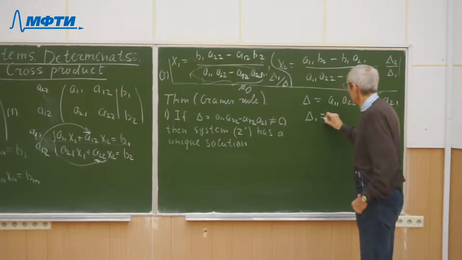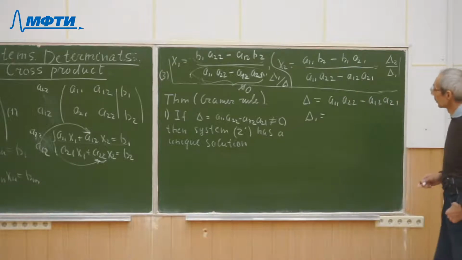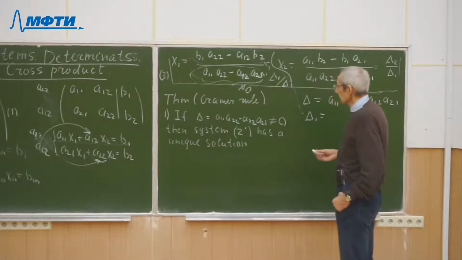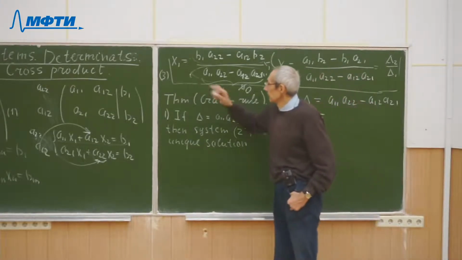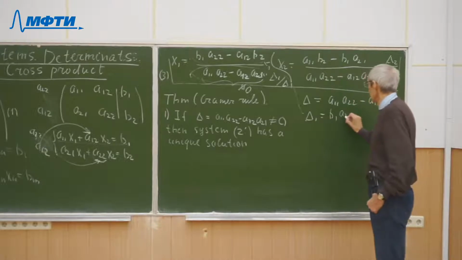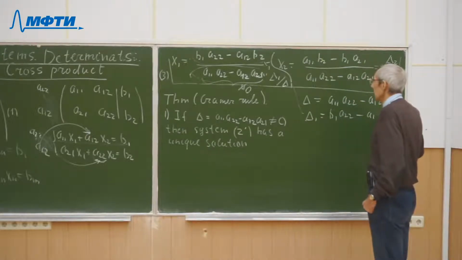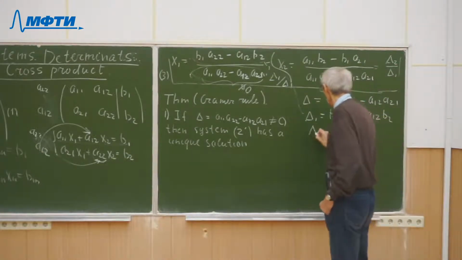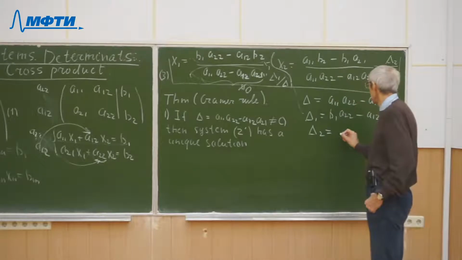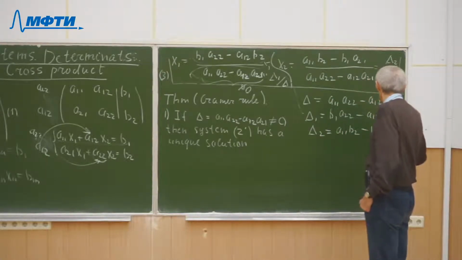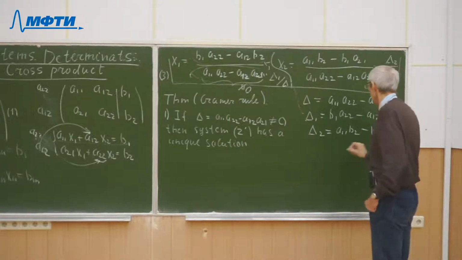We will denote by delta 1 the expression for x1, namely delta 1 is equal to b1 a22 minus a12 b2, and let delta 2 be equal to a11 b2 minus b1 a21.